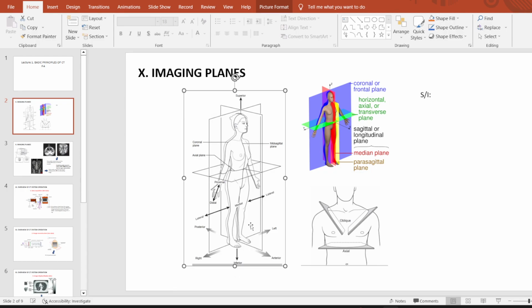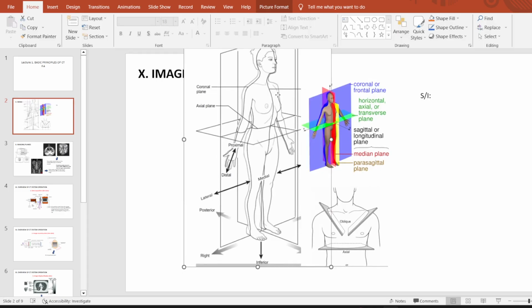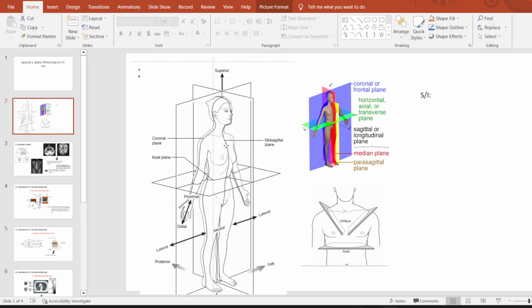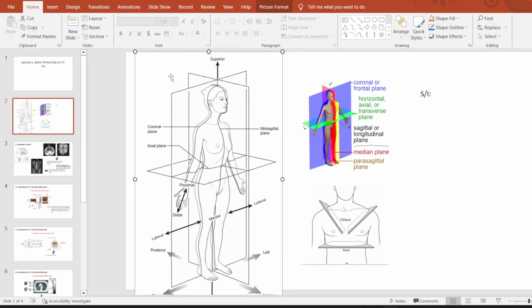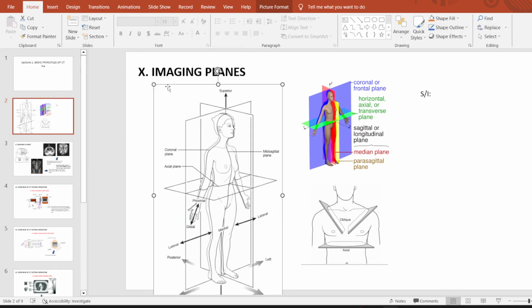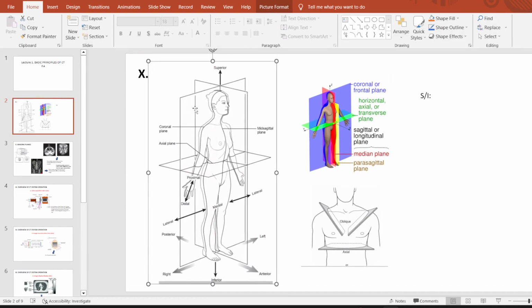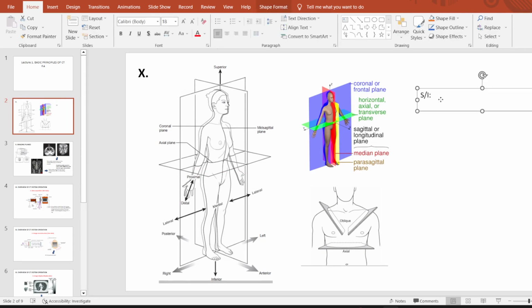You can see that. This is, I think, the most important picture in this whole section, imaging planes. Let me zoom out for you.